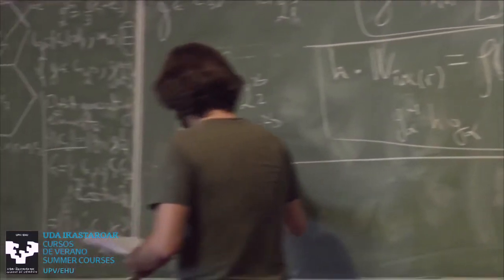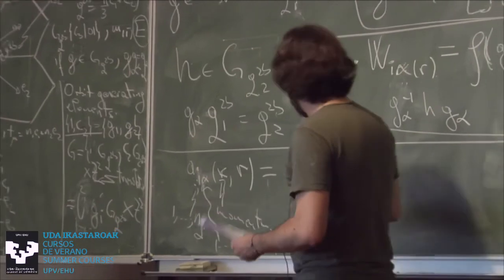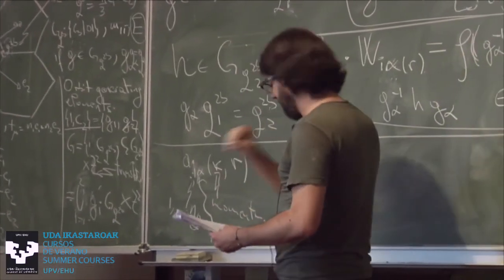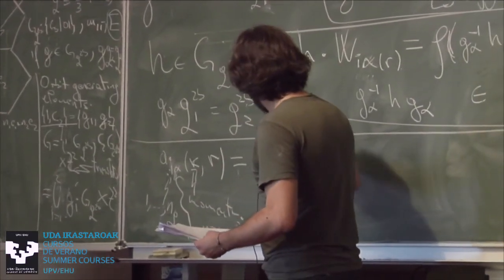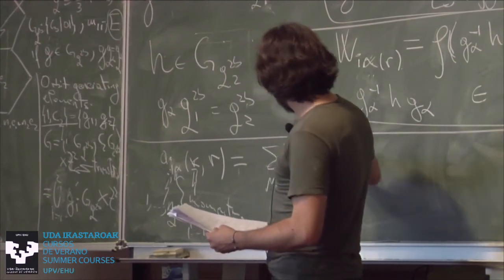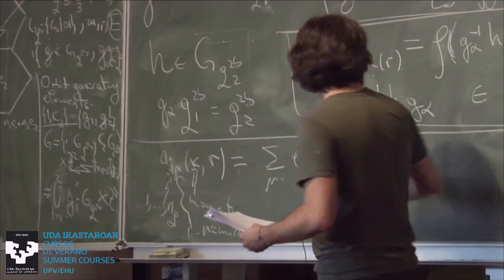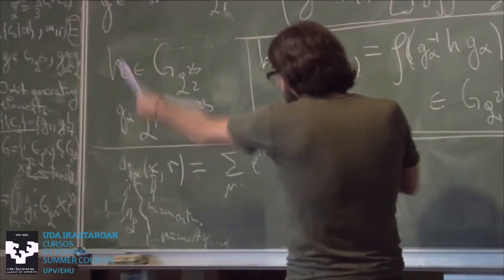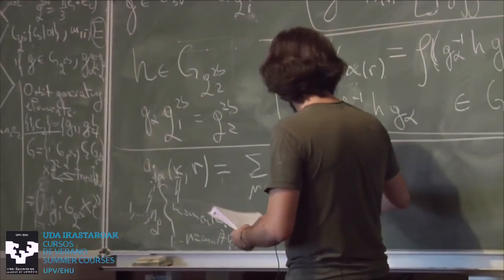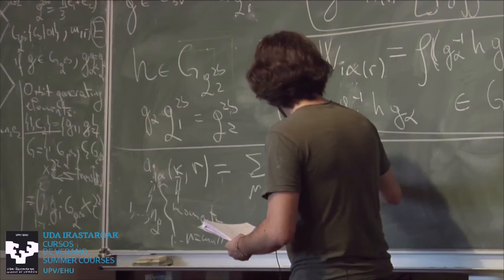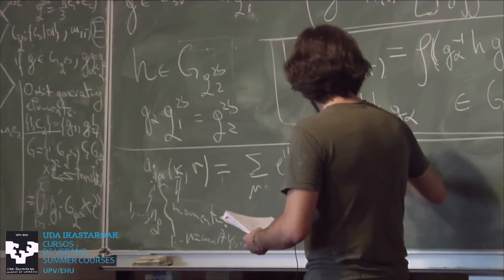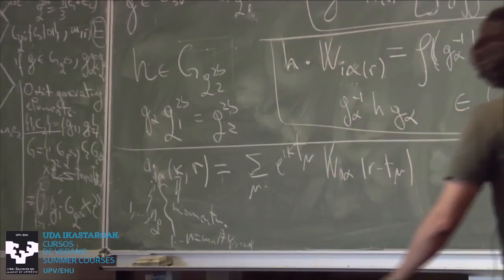Okay, so this is the following. It's just a Fourier transform over the whole lattice, e to the i k dot t mu, where the t mu are integers of the lattice constant, times w i alpha of r minus t mu. So these are atomic orbitals.